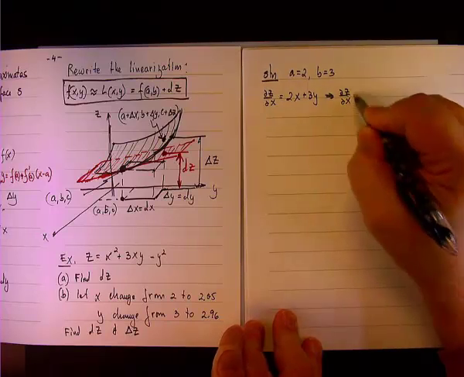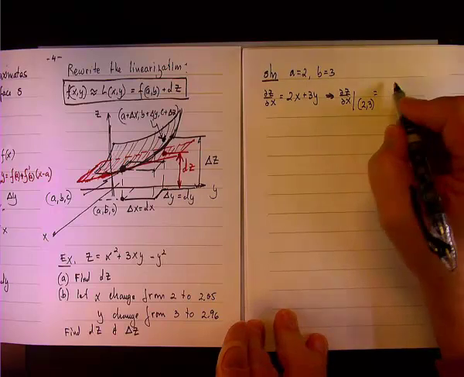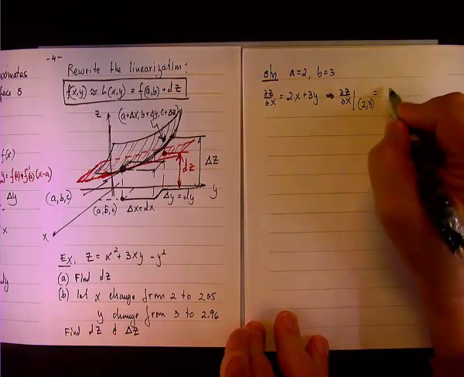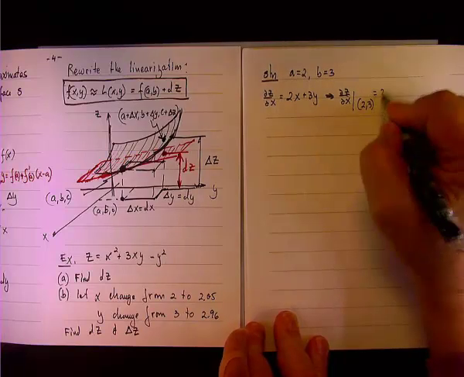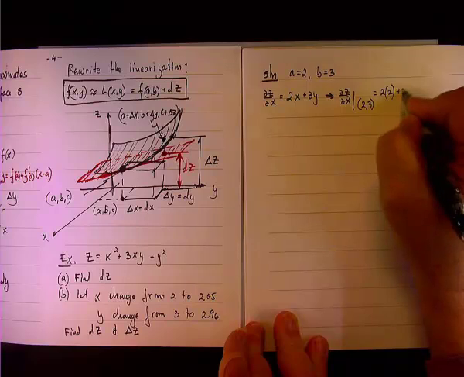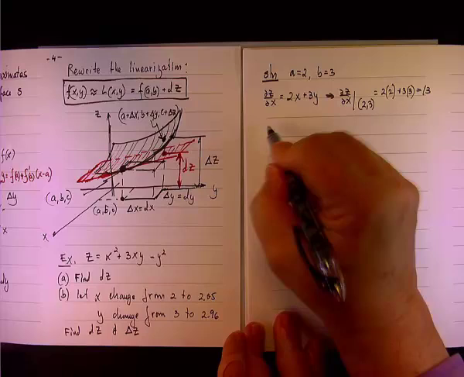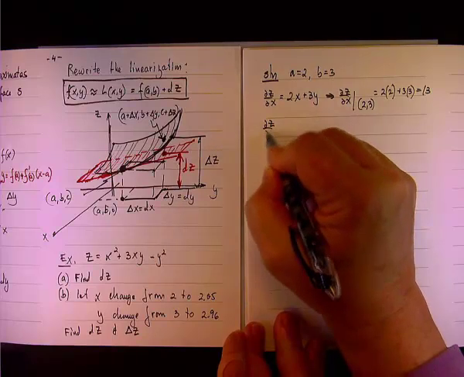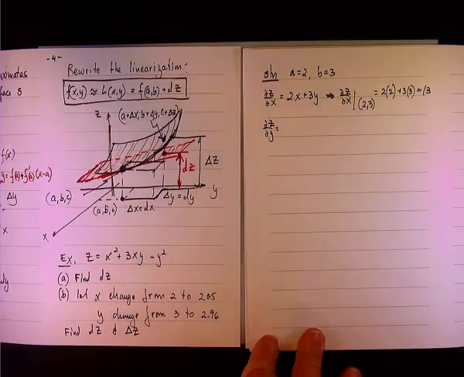The derivative of y squared is 0, and therefore del z del x at (2, 3) equals 2 times 2 plus 3 times 3. So I believe it to be 13.